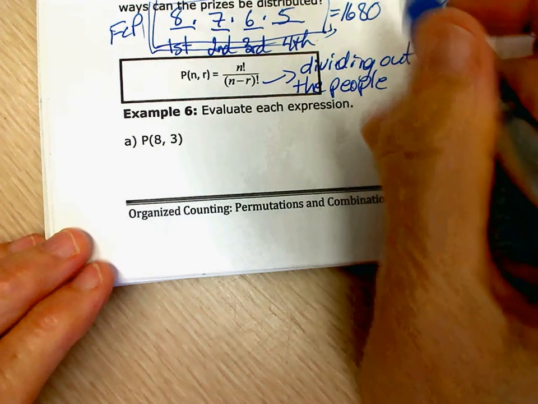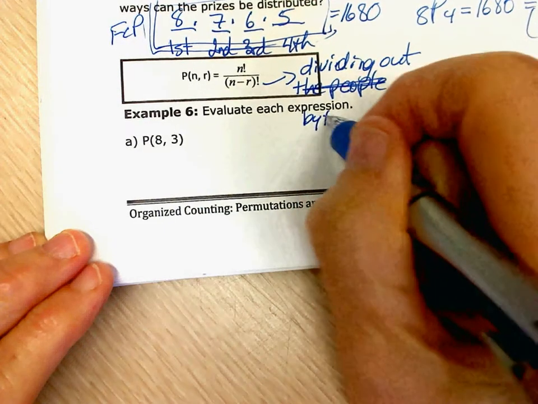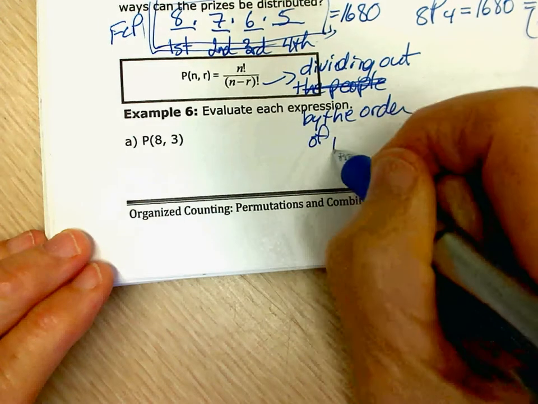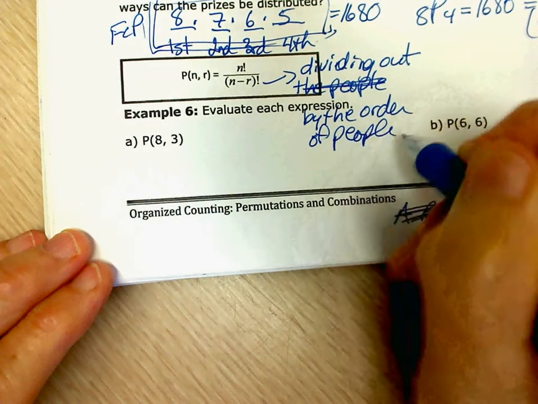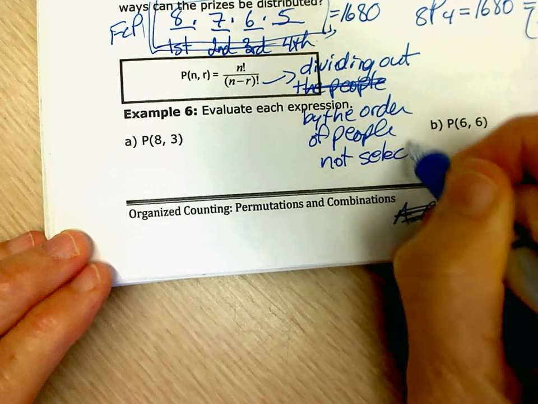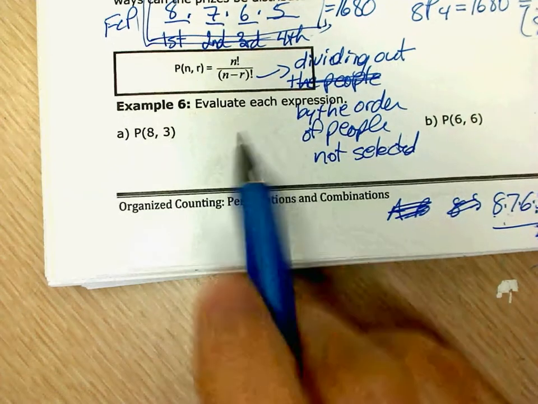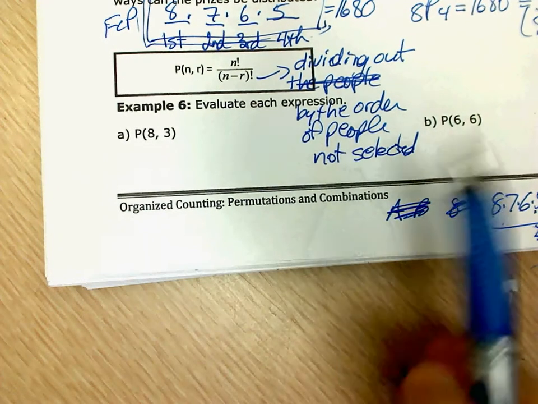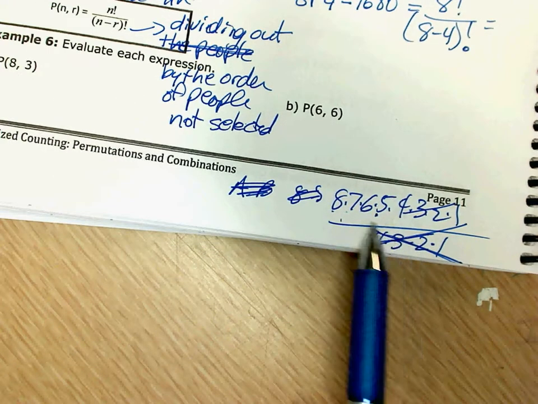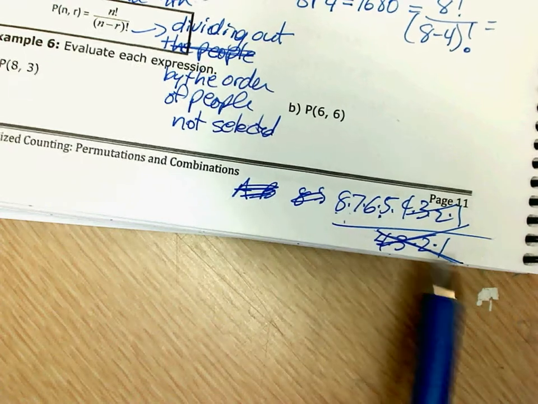So we're dividing out by the order of people not selected. Right? So there were 4 people not selected, so we're just trying to cancel out their order. There were 4 people not selected, so we're dividing out by 4 factorial.